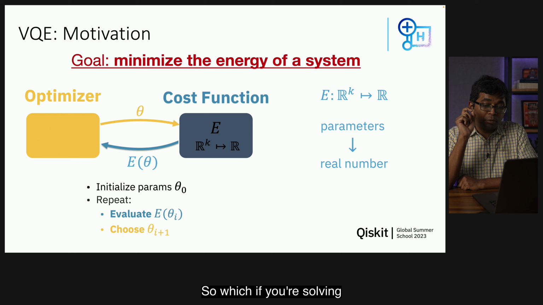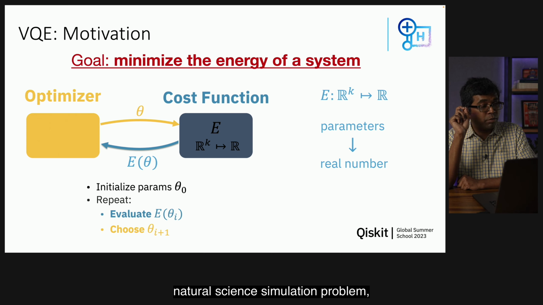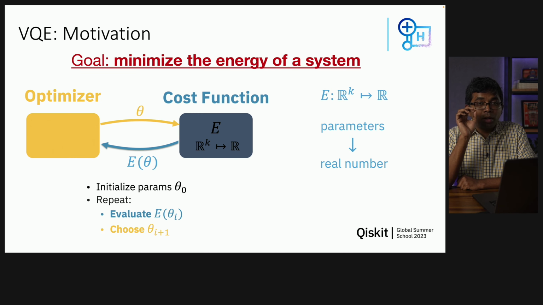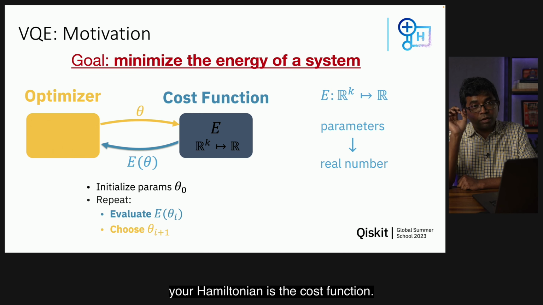If you are solving a natural science simulation problem, maybe ground state energy estimation, your Hamiltonian is the cost function. On the other side, if you're solving some kind of optimization or operations research problem, your objective function is your cost function. So how do you evaluate the cost function?